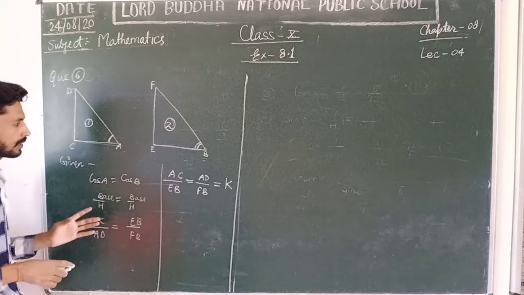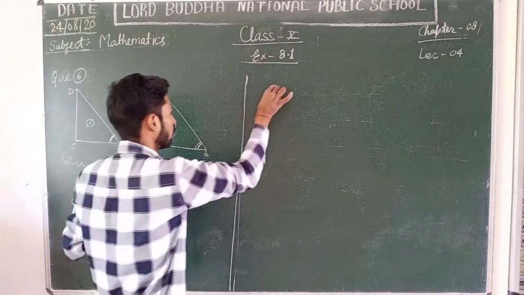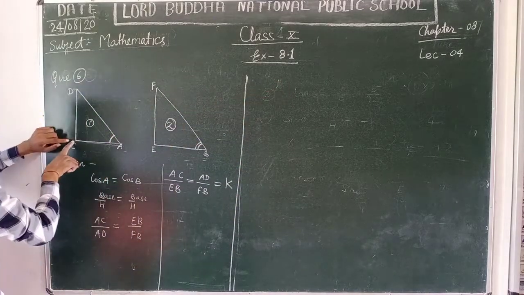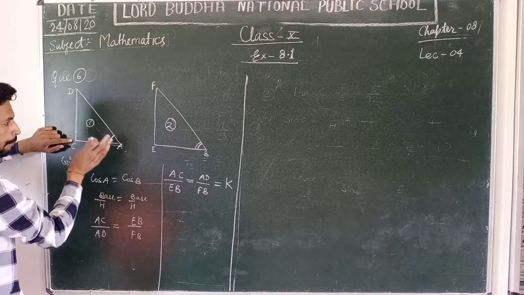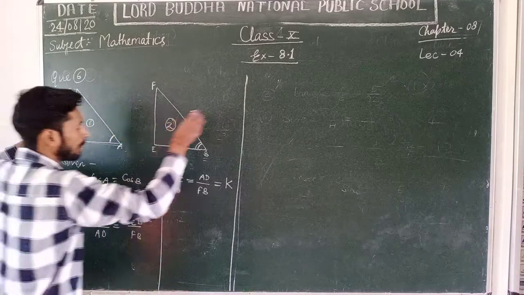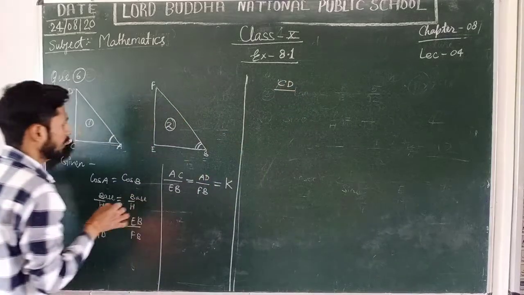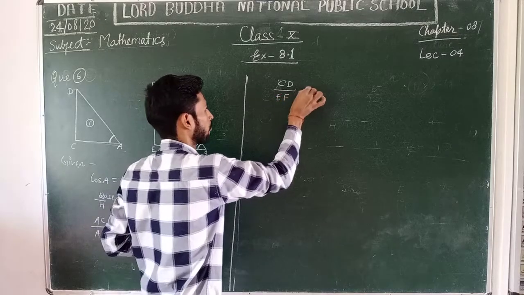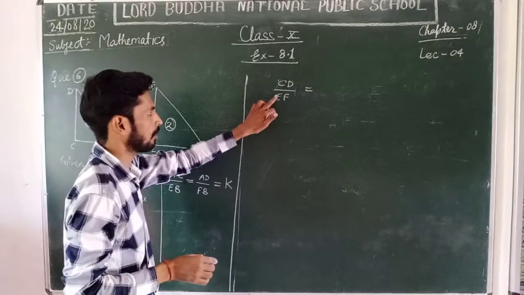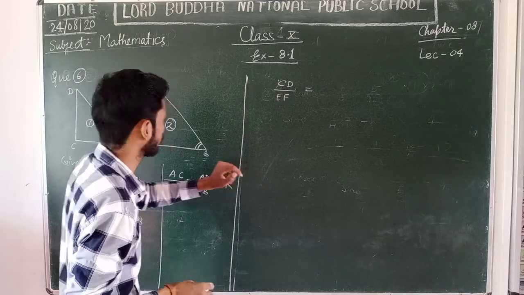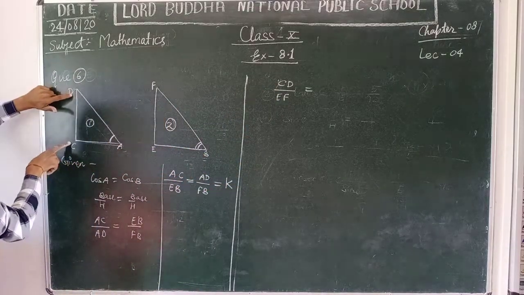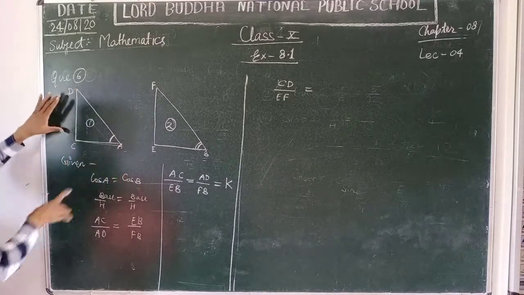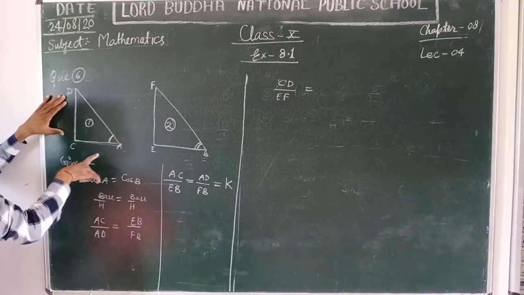So for doing this work, I am going to find out the ratio of perpendiculars. For the perpendiculars in the triangles, first CD is the perpendicular, and the next one EF is the perpendicular. Then if we find the ratio of perpendiculars, in place of CD we can write AD square minus AC square, because this is the perpendicular, this is the hypotenuse and this is base.